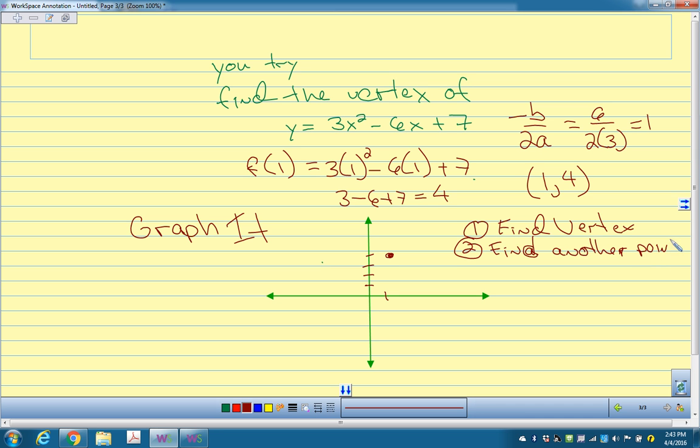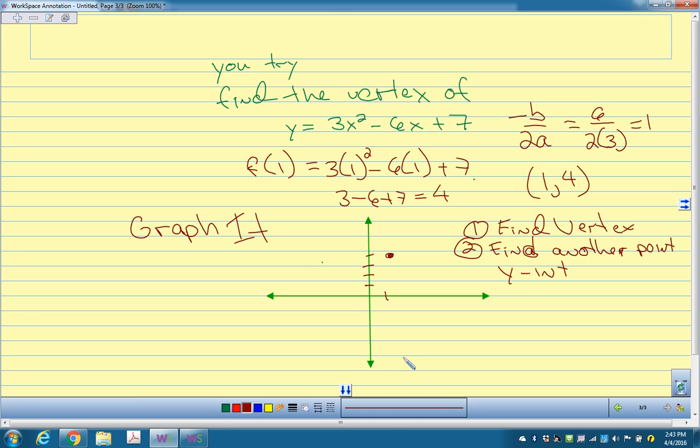An easy point to pick is the y-intercept. Who can tell me how I find the y-intercept? What do I plug in for the y-intercept, Ian? What's the x value at the y-intercept?